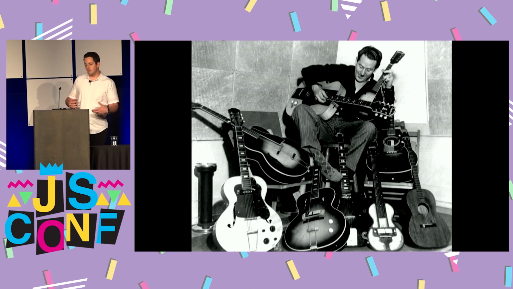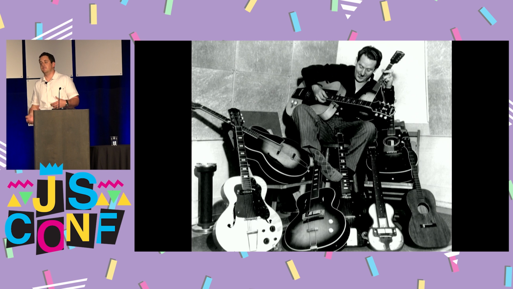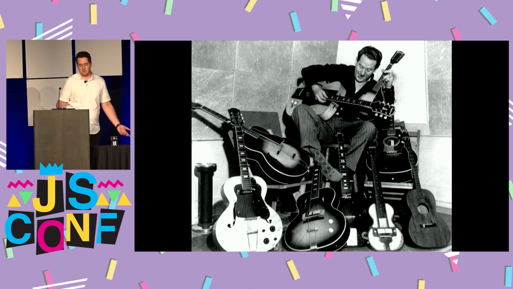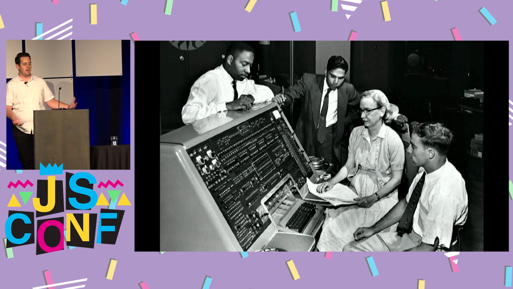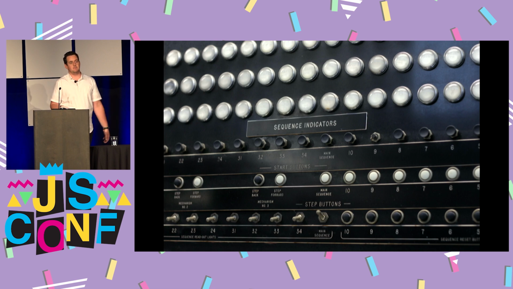And he did so in part because not long before, Les Paul had invented the electric guitar. And they didn't really invent it because they wanted an electric guitar. They invented it because they just wanted the acoustic guitar louder. And Grace Hopper was one of the inventors of what we now call programming, a big reason why we're here today. And she started with knobs and switches on the Mark I.